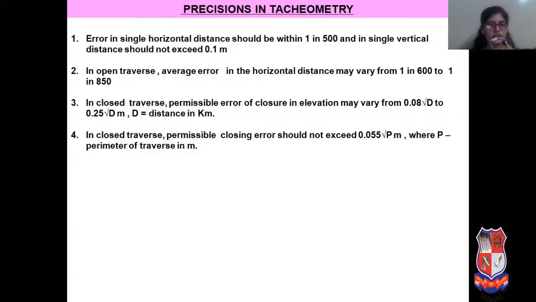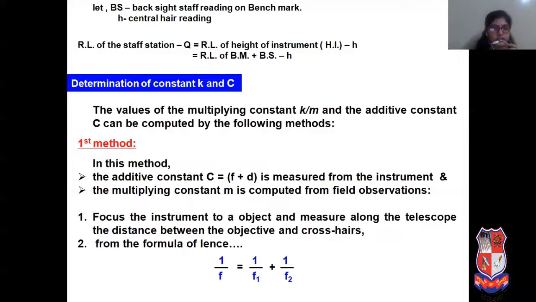In closed traverse, the permissible error of closure in elevation may vary from 0.08 root d to 0.25 root d meter, where d is the distance in kilometers. In closed traverse, the permissible closing error should not exceed 0.055 root P, where P is the perimeter. So we have studied various methods used in tachyometric survey, various errors and various precisions in tachyometric survey.